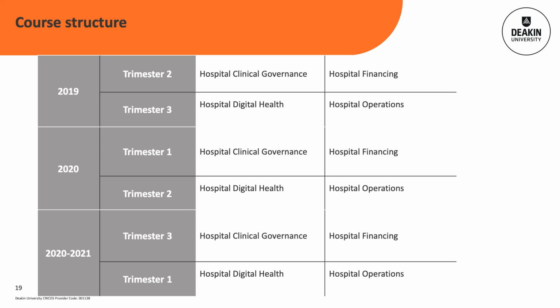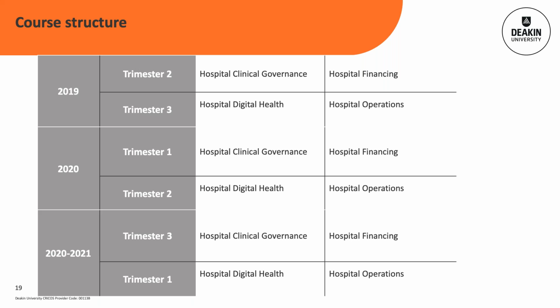So what does the course structure look like? The course is going to commence in trimester 2 in July. You will start off with hospital clinical governance and hospital financing. Once you complete those 2 subjects, you move on to trimester 3, and then you complete hospital digital health and hospital operations.